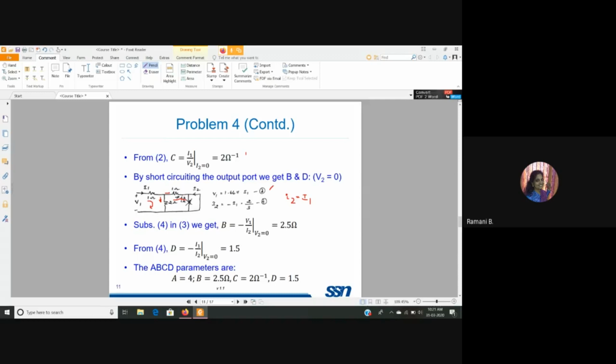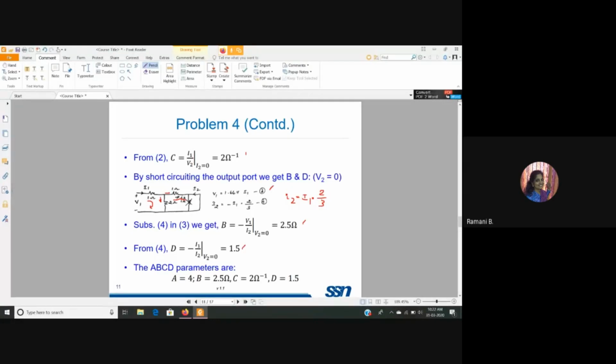Capital I2 is opposite to that, so you will have capital I2 equal to minus I1 into 2 by 3. Substituting, you can find B, which is minus V1 by I2, so we get 2.5 ohms, and D is minus I1 by I2, so we get 1.5.